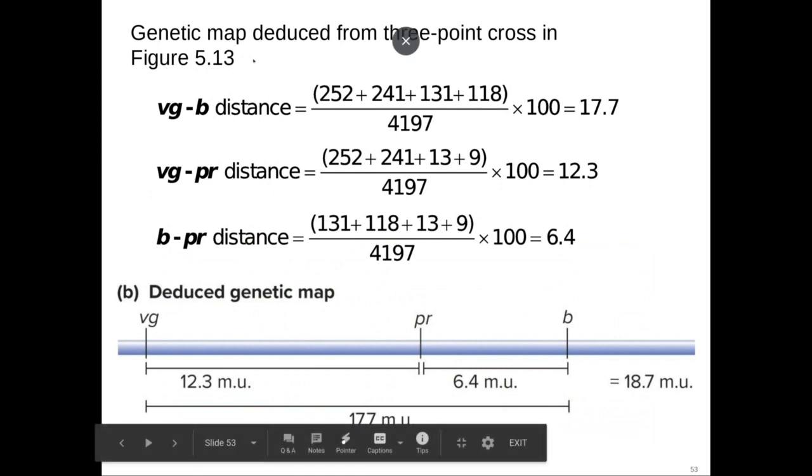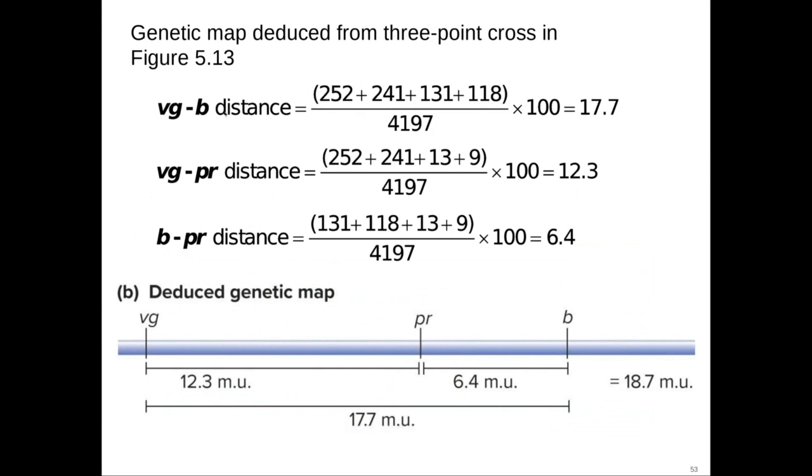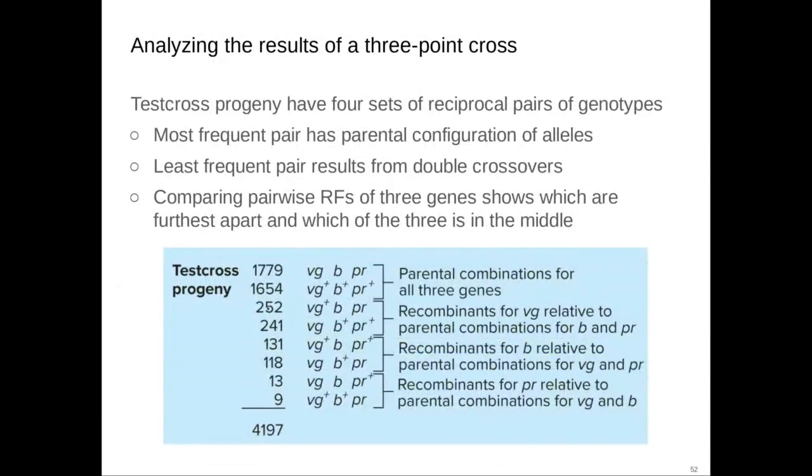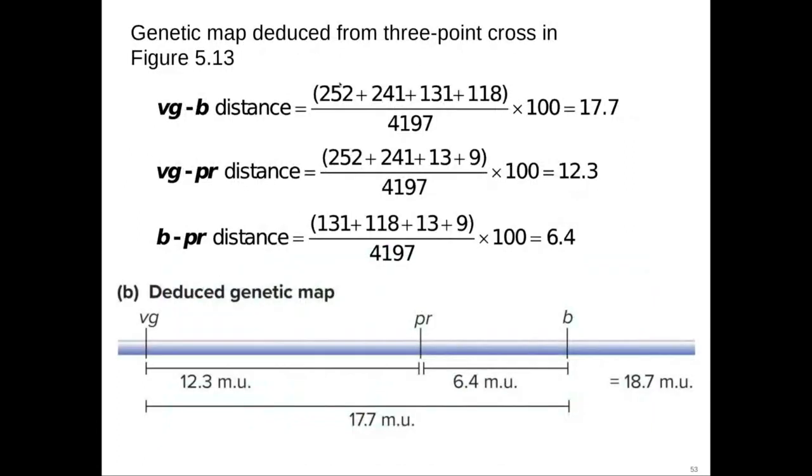So I took this directly from your textbook. It's figure 5.13. Now, we can calculate the VG to B distance by simply adding up the numbers. So in this case, if you go back to this figure here, we add up the numbers there. We have 252 plus 241 plus 137 plus 118, divided by the total number, which is 4,100, times 100, which gives us 17%.